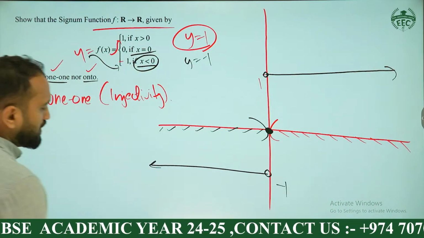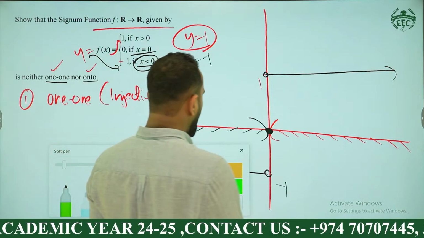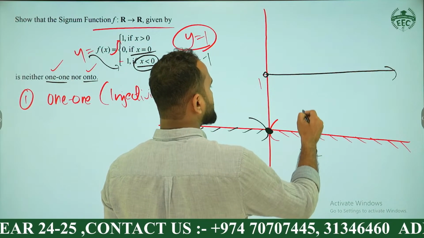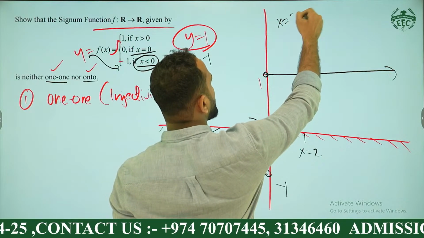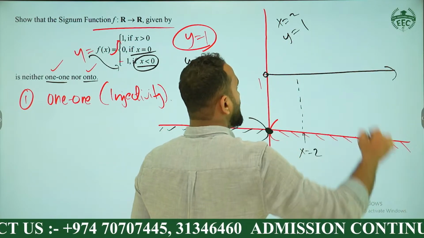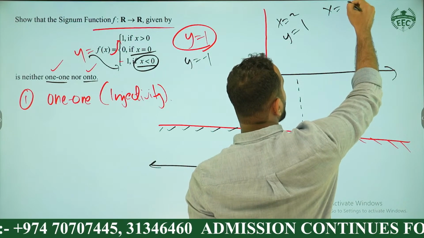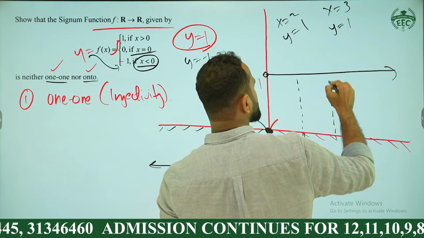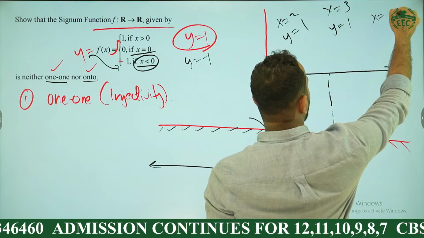So here, tell me what is the y value when x is equal to 2. When x is equal to 2, the y value is equal to 1. y is always constant. When x is equal to 3, y is always equal to 1. Again, it is a constant function. When x is equal to 4, y is equal to 1.